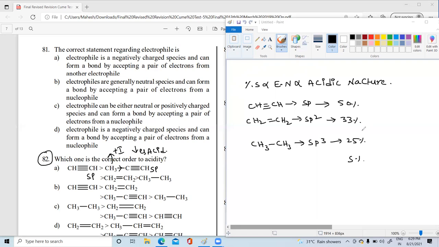So which is more electronegative? This one is more electronegative, so option A is correct. Ethyne, then propyne, because in propyne we have one donating group, and a donating group decreases the acidic nature according to the inductive effect. So ethyne is more acidic than propyne, then ethylene, then ethane, students. This is the correct statement.